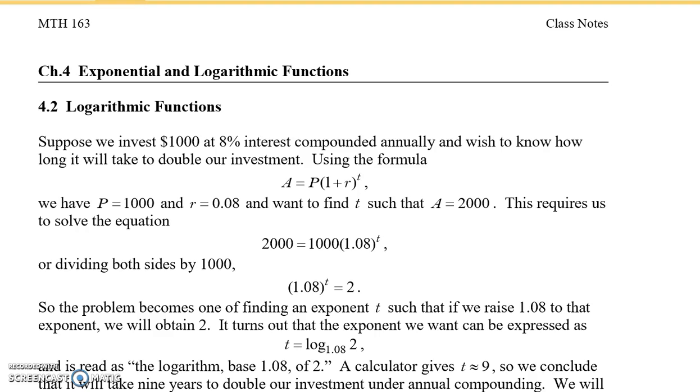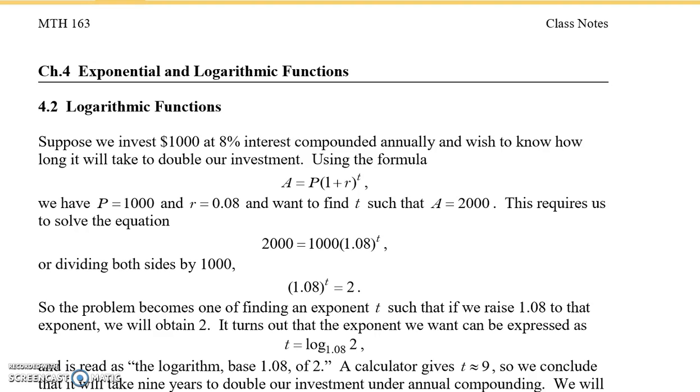If we divide both sides of that equation by 1,000, then on the left-hand side we would just have a 2. And what I've done is just switch the equation around with the 1.08 to the T on the left and the 2 on the right. So we have the equation 1.08 to the T power equals 2.